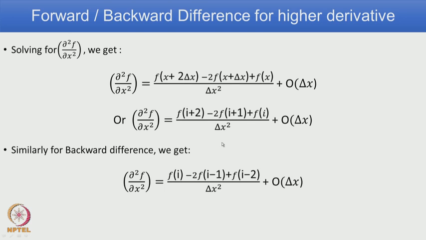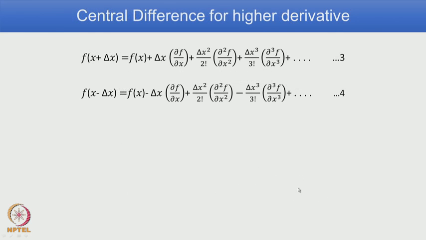Similarly, you can also get an expression in backward difference form following the same procedure, and what is shown here is the final form, which is [f(i) − 2f(i−1) + f(i−2)] / Δx² for the same second derivative, again with the order Δx.